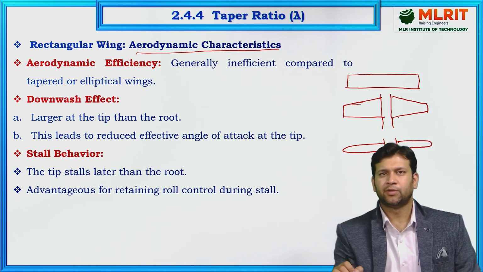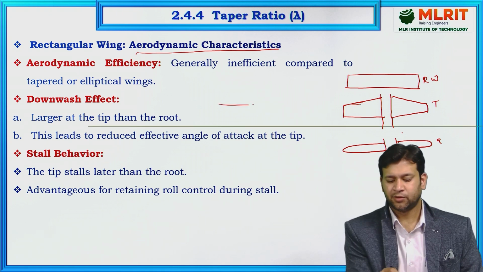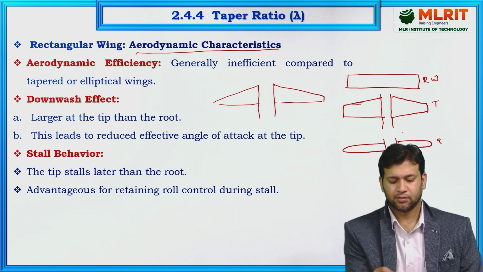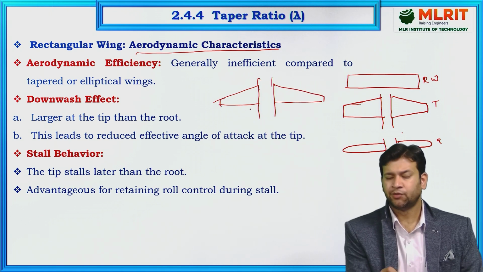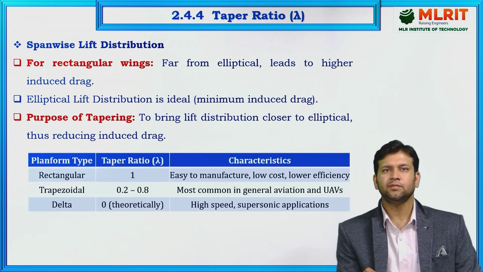In this, we have compared the aerodynamic characteristics of rectangular wing with respect to tapered and elliptical, and also we have a tapered wing of this configuration. It will be straight at the trailing edge and it will be tapered at the leading edge.